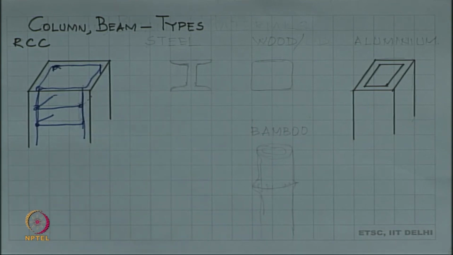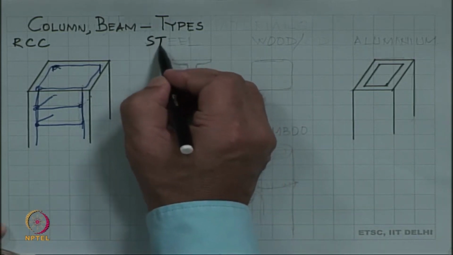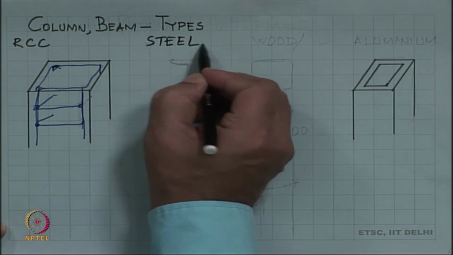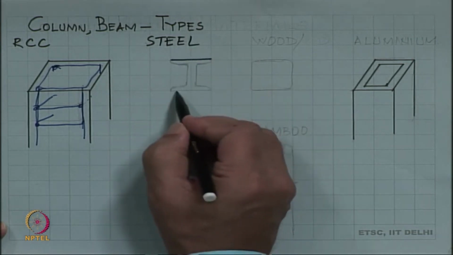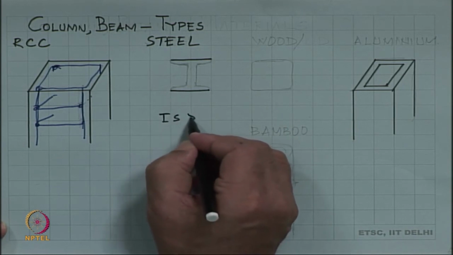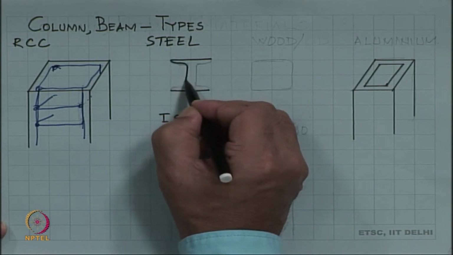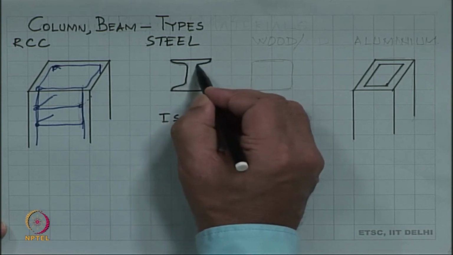The second type of columns that you will see are those made of steel. So, what you have is various steel sections, and for this you can look up IS 808. These are standard rolled sections.